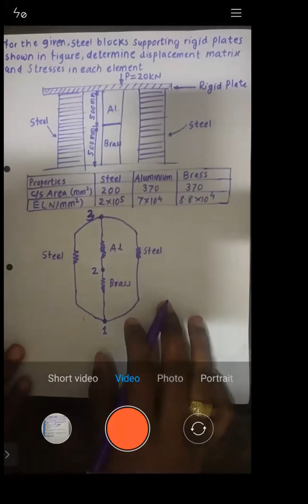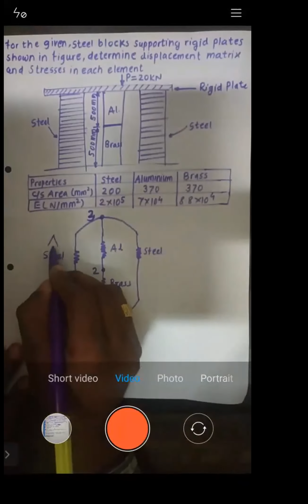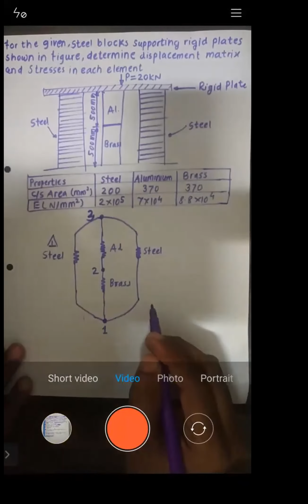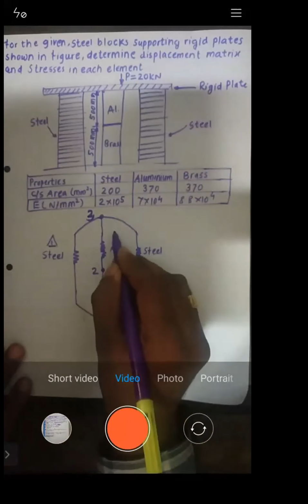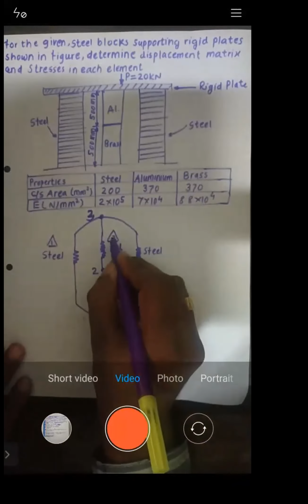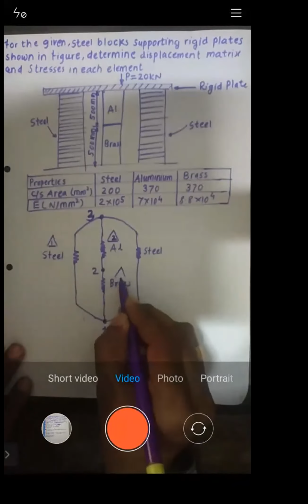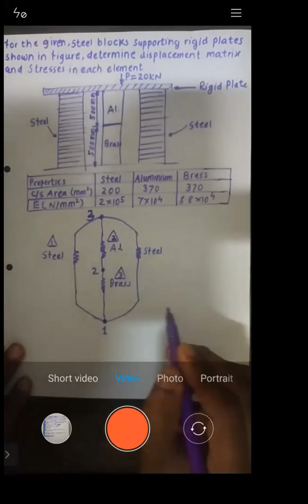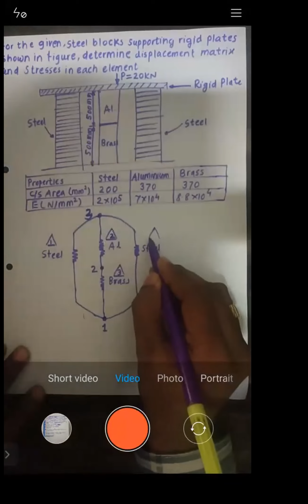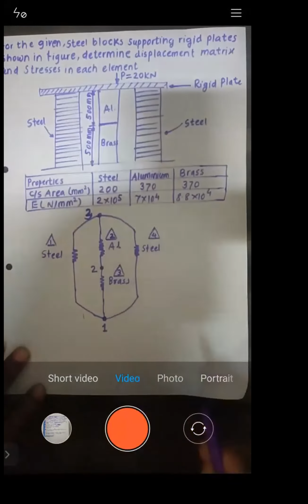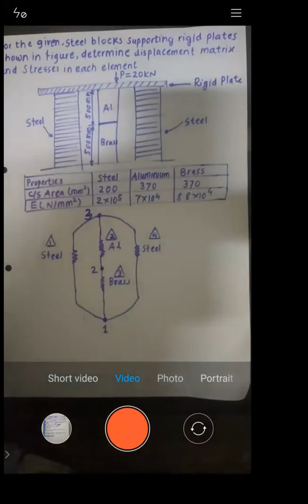Now we need to go for elements. So let me call this steel as element number 1. Aluminum as element number 2. Brass as element number 3. And this steel as element number 4.